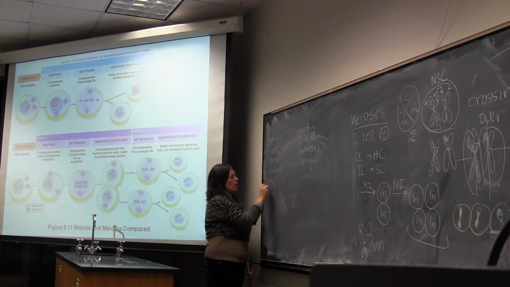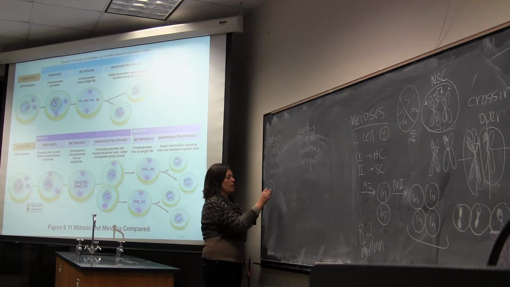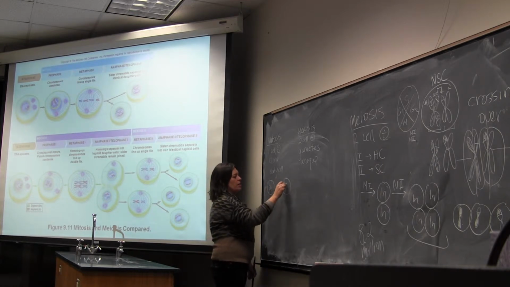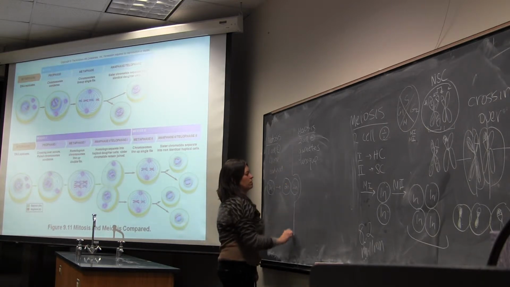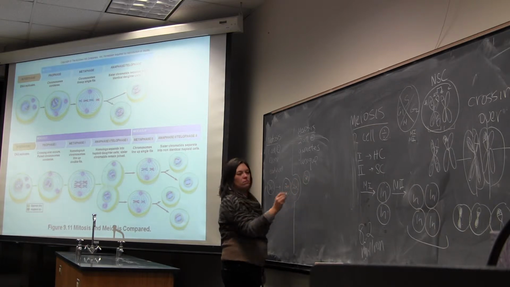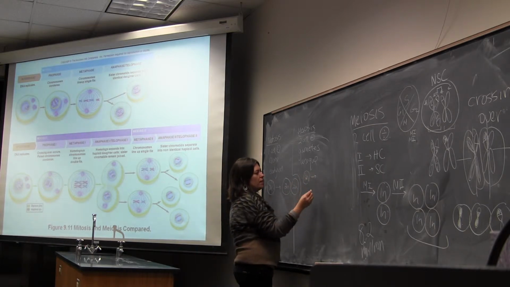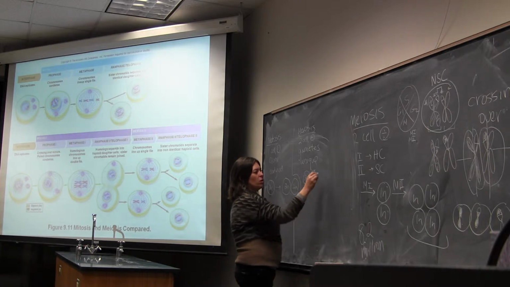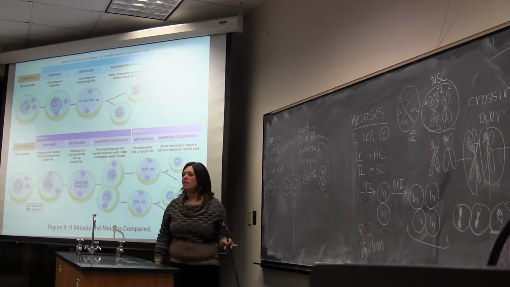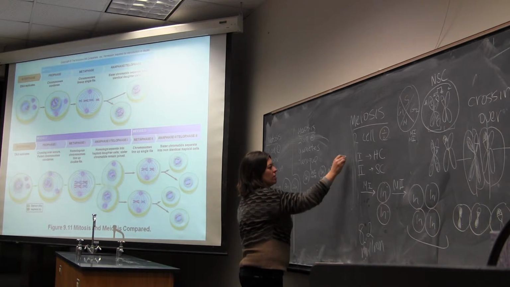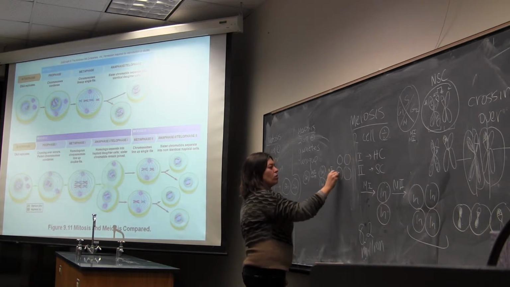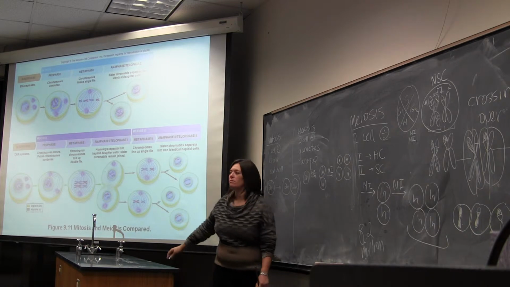Mitosis, you're going to start off with 1 diploid cell, and you're going to make 2 diploid cells. In meiosis, you're starting off with 1 diploid cell. And then in meiosis 1, you're separating the homologous chromosomes, so you're going to end up with 2 haploid cells. And then those are going to undergo meiosis 2, and you're going to end up with 4 haploid gametes, either sperm or egg.